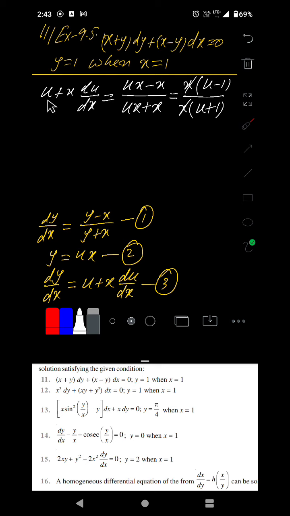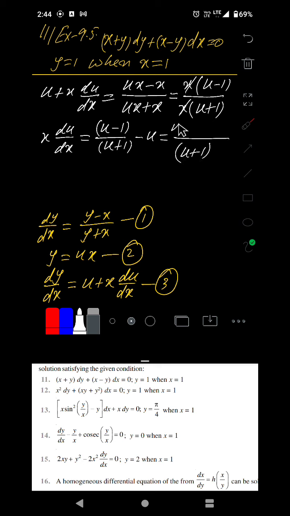Now in this step we have to transpose u to the right hand side. So on the left hand side we are left with x du/dx, and on the right hand side we have (u - 1)/(u + 1) - u. Now taking LCM, u + 1, we have u - 1 - u(u + 1).